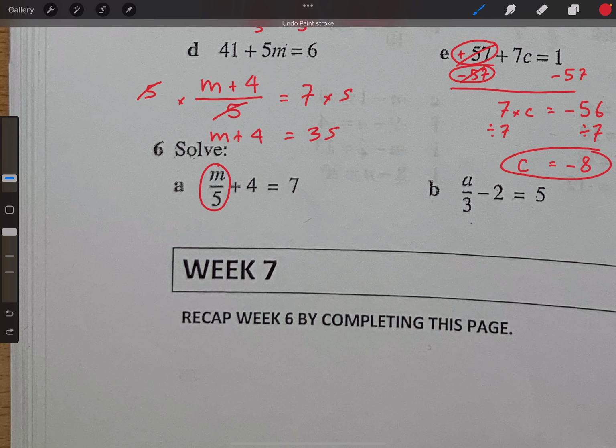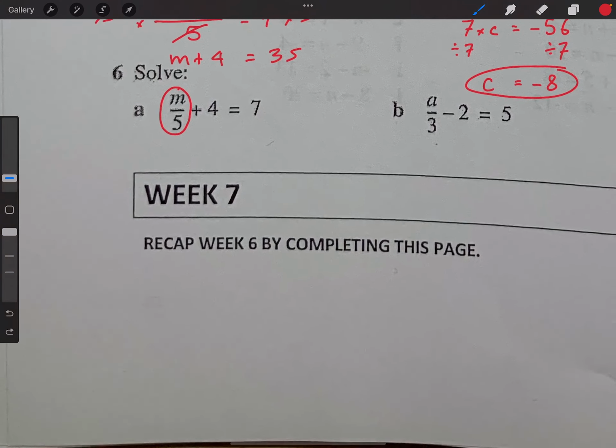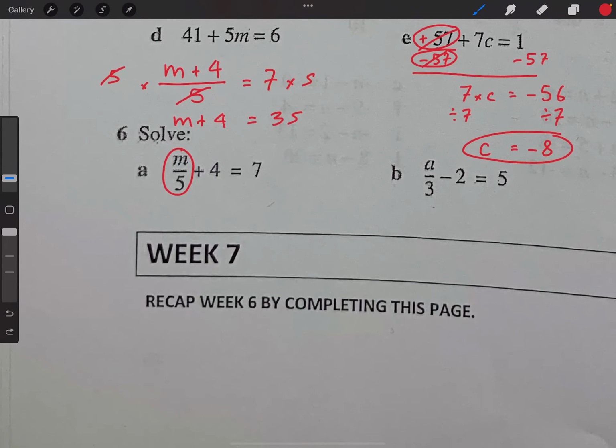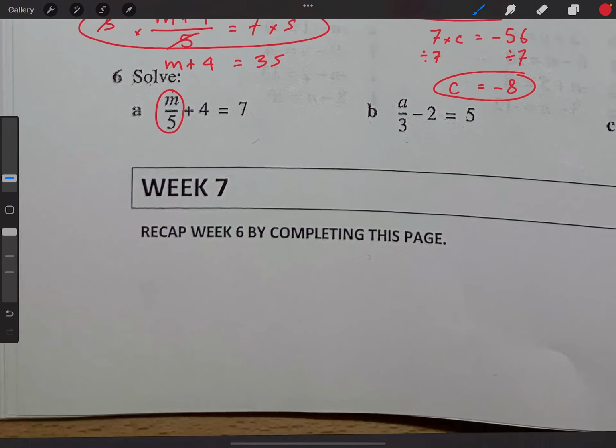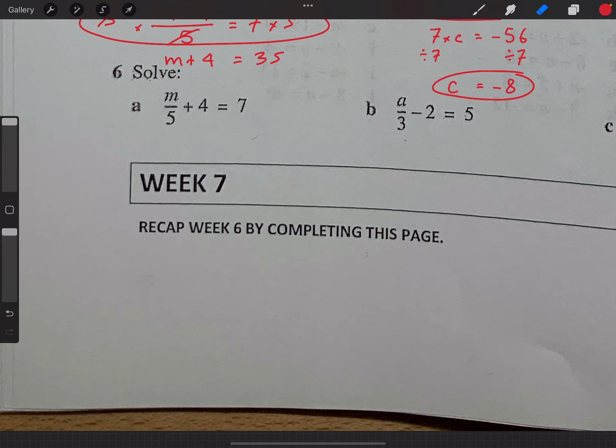So we deal with this question 6a differently than if the question had been like this. Okay, so instead of multiplying by 5, I would like to get rid of this plus 4 first, because this plus 4 is not being divided by 5, it's just on its own. So we can easily remove it just by taking away 4. Take away 4 from both sides.